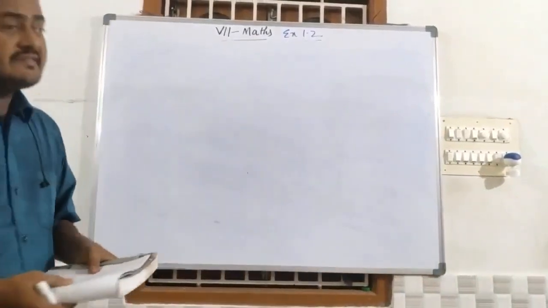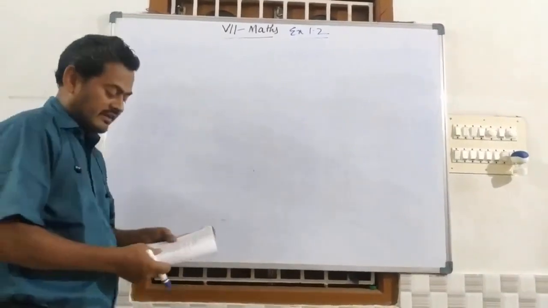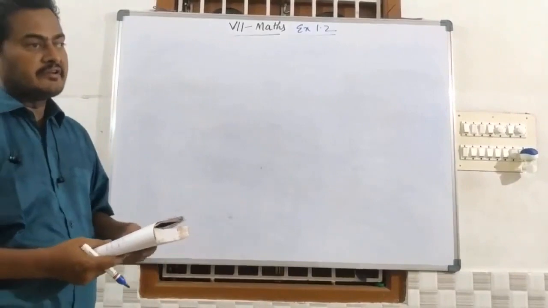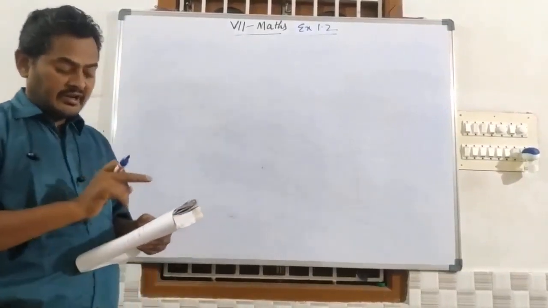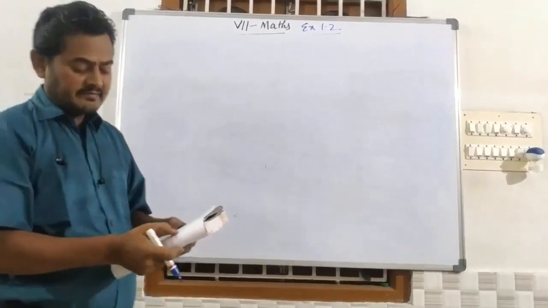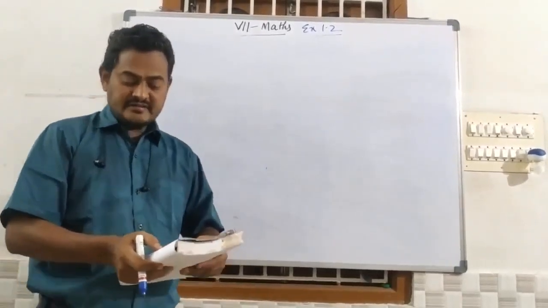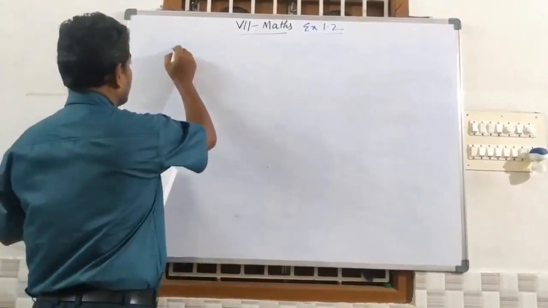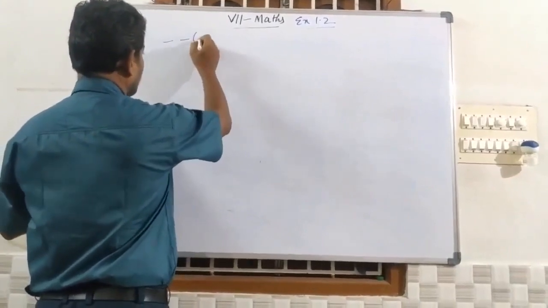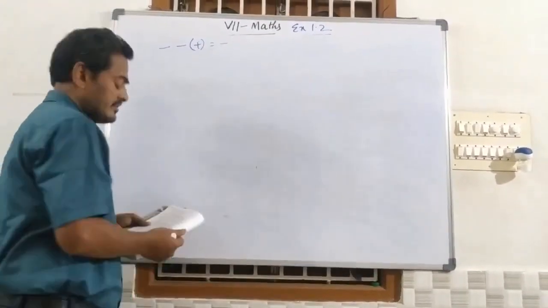In the previous sum they asked for a negative and a positive whose sum is minus 5. But here they are asking for the difference of a negative number and a positive number to be a negative number.